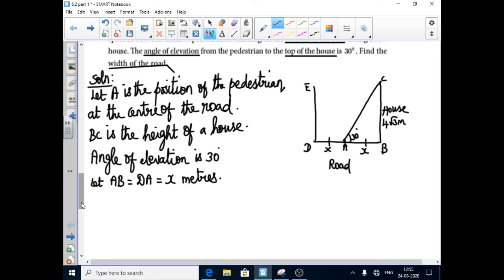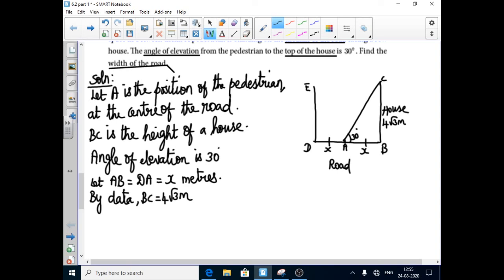Next, by the condition, BC is equal to 4 root 3 meters. Write the conditions one by one.